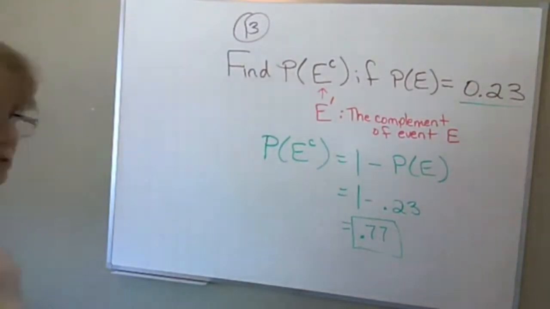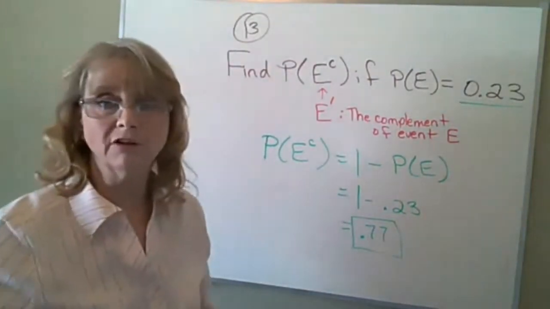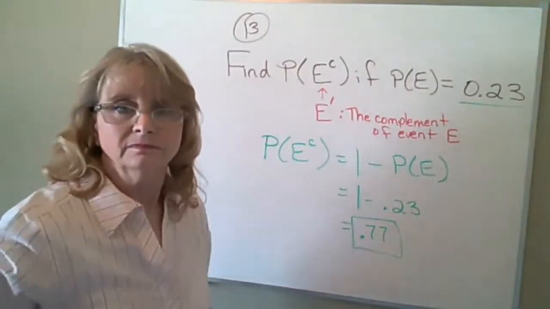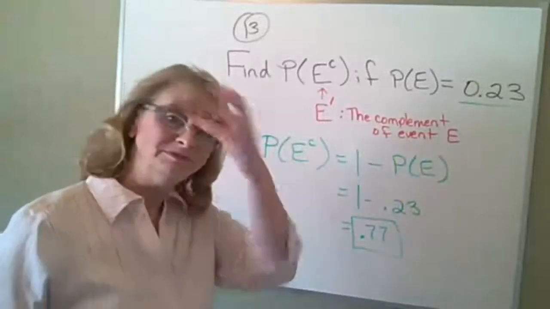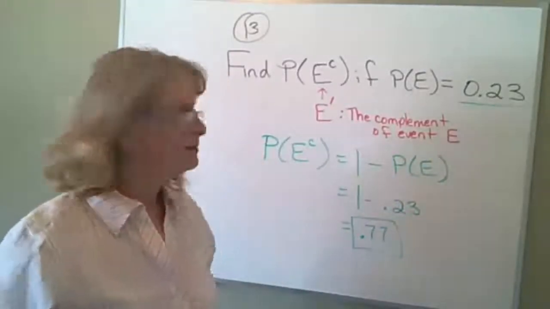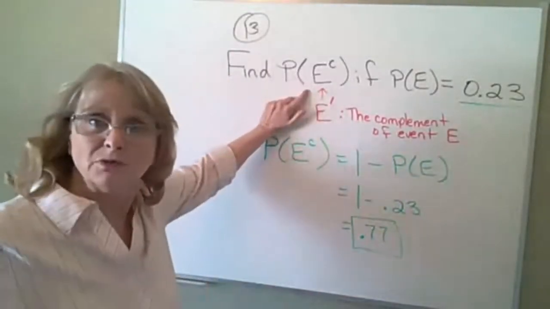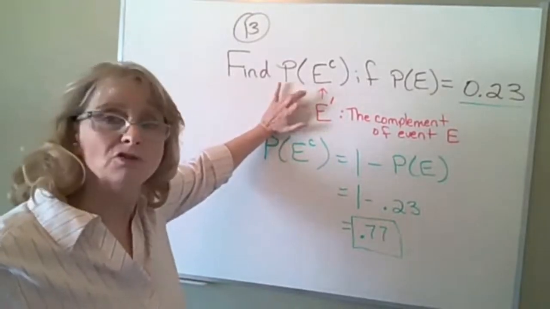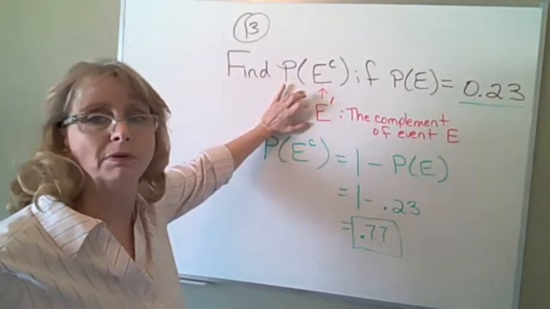Probably not for yours. So Stephanie, yours was probably different, right? Yes, it was. Okay, but that's all you do, you just subtract it from 1. So that's just a different notation. I had mentioned before that different books sometimes use different notations for complement.